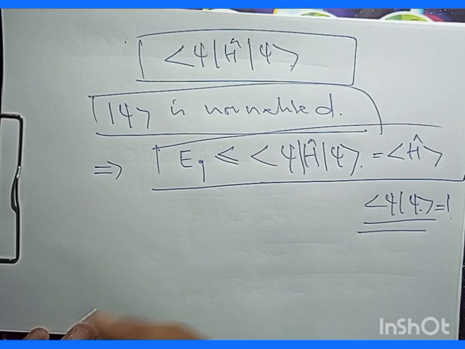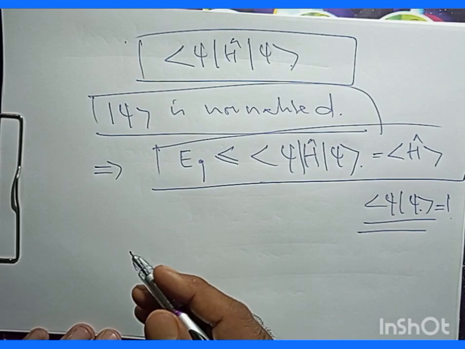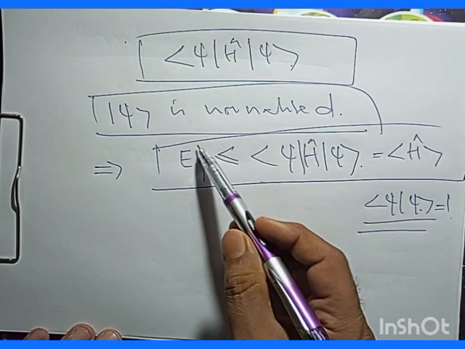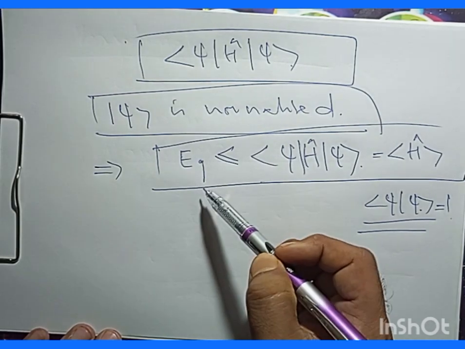Now, there can be a state. In the ground state, the energy is Eg, that's our ground state energy.